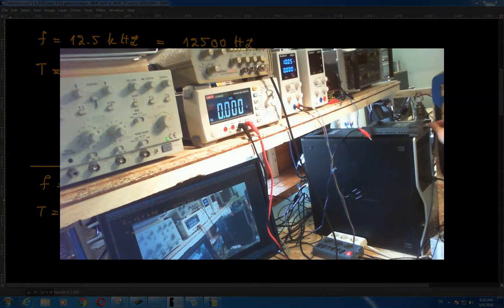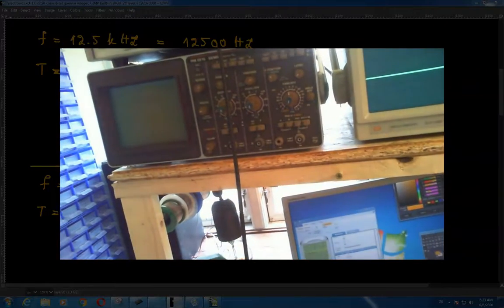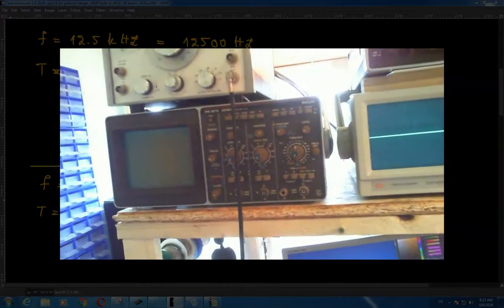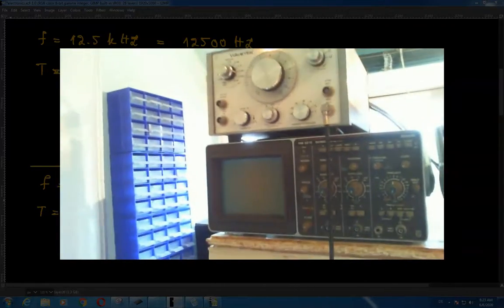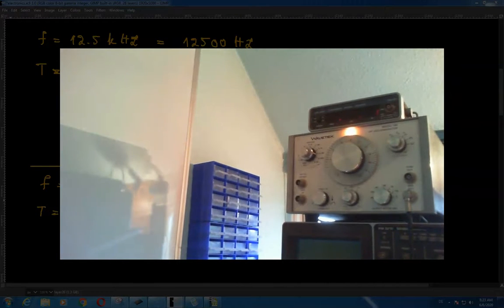So now I can disconnect this signal from here.